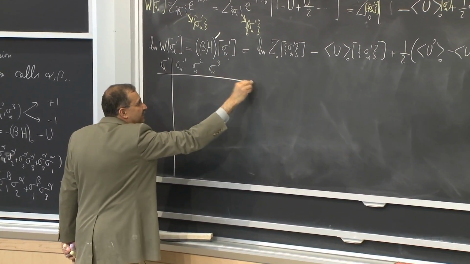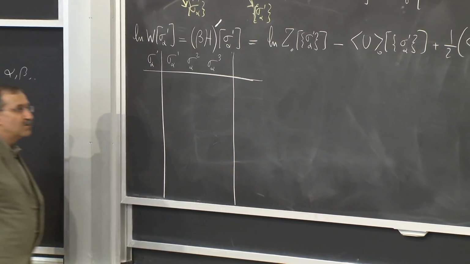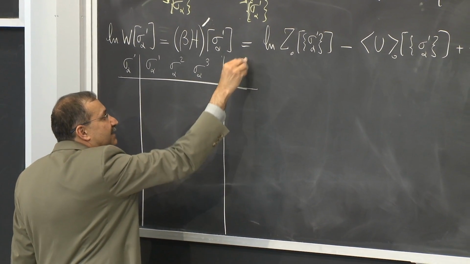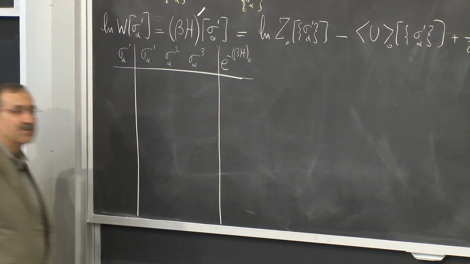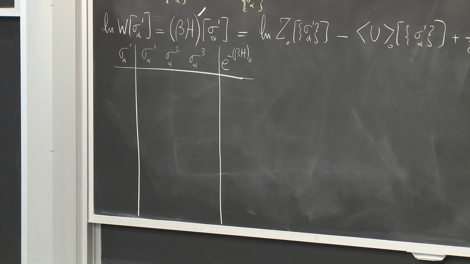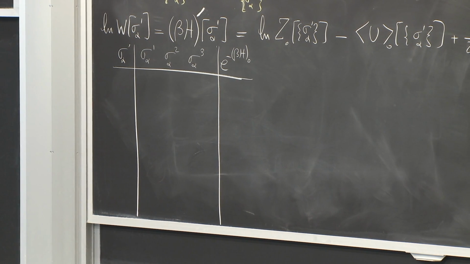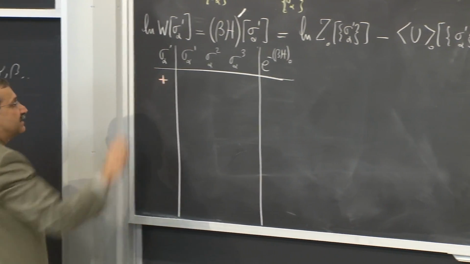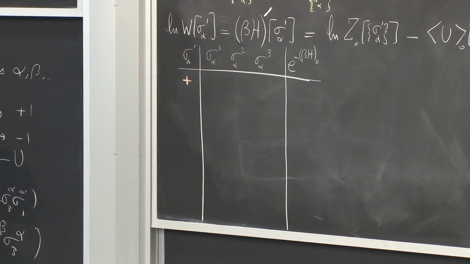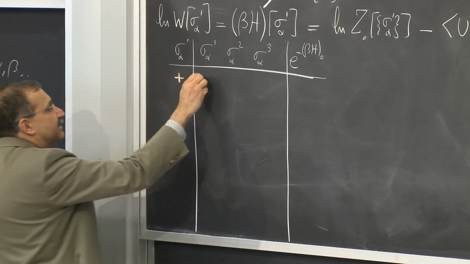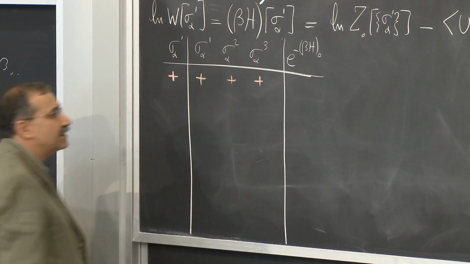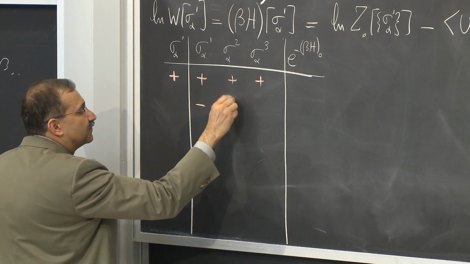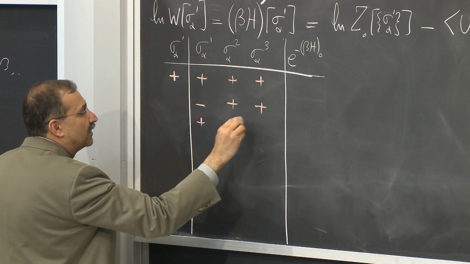And I will also indicate what the weight is that I have to put for that cell coming from minus beta h0. Okay. So one thing that I can certainly do is to have the cell spin plus, and I can get that either by having all three spins plus, or just the majority, which means that one of the three can become minus.